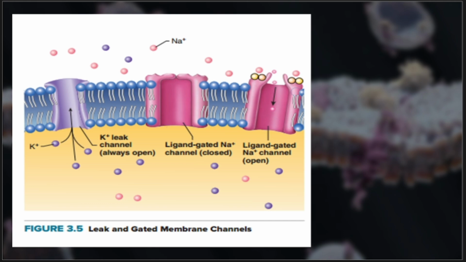Okay? And if we try to connect this to a pathophysiologic case, the functioning of your membrane ion channels is actually vital to equilibrium or homeostasis. If there is an imbalance, it could actually lead to a dysfunction, or it could actually lead to a serious disease.